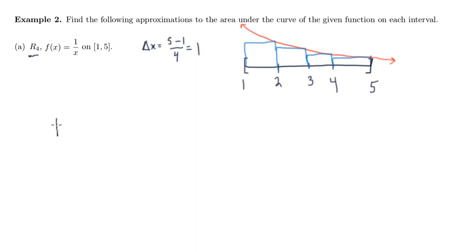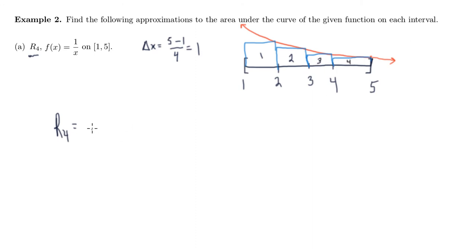So now R4 is just going to be base times height, base times height, base times height, base times height. Okay, so this is the first, second, third, fourth rectangle.